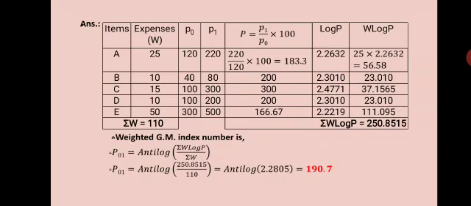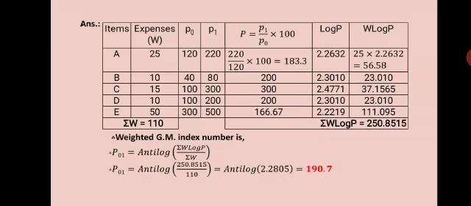Similarly, 80 divided by 40 into 100 will get 200. 300 divided by 100 into 100 we will get 300. Then 200 divided by 100 into 100 we will get 200. And the last one, 500 divided by 300 into 100 we will get 166.67.